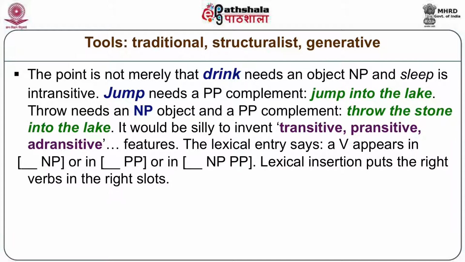And since there are other verbs which select an adjective complement in the VP, so for example, John seems happy, John looks sad, you will then have to invent another feature, adtransitive. Adtransitive verbs being those which take adjectives and minus adtransitive verbs being those that don't.